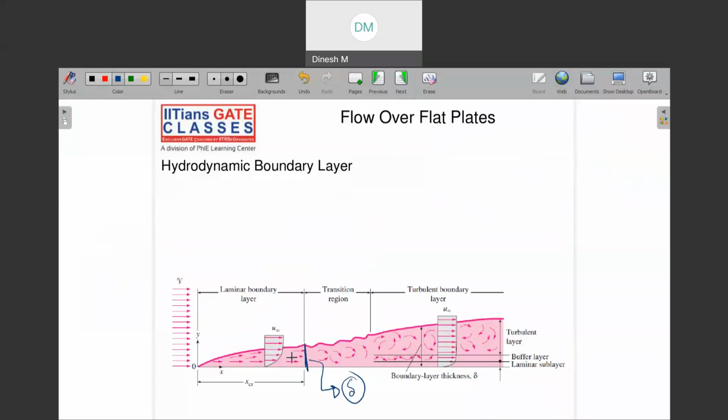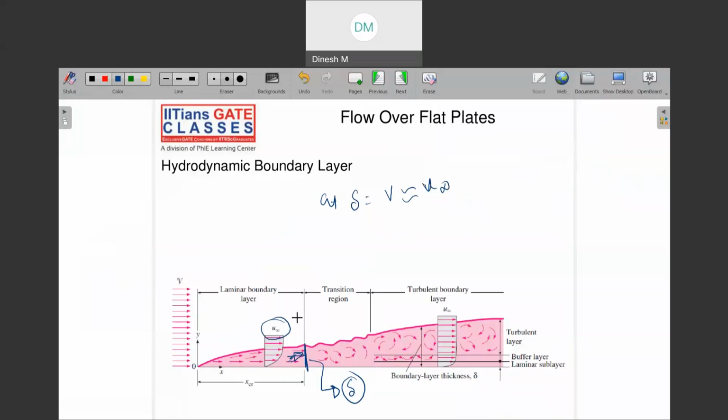Inside this region there is a velocity gradient, but at delta, let us say this is defined as v, then v is approximately equal to what? U infinity. For this case u infinity is written there. So u infinity means the velocity of the free stream, okay?